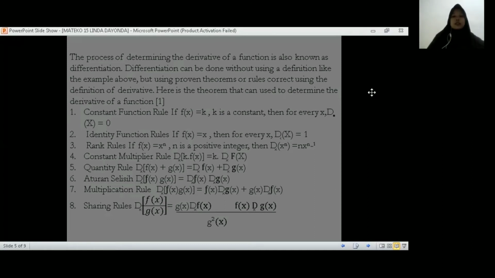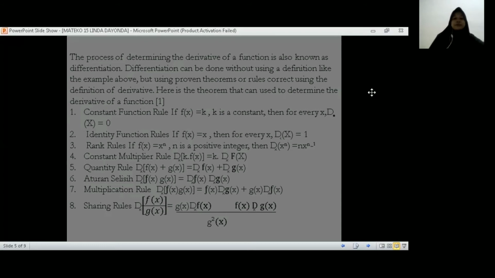Sum rule. d/dx of (f(x) + g(x)) = d/dx f(x) + d/dx g(x). Difference rule. d/dx of (f(x) - g(x)) = d/dx f(x) - d/dx g(x).